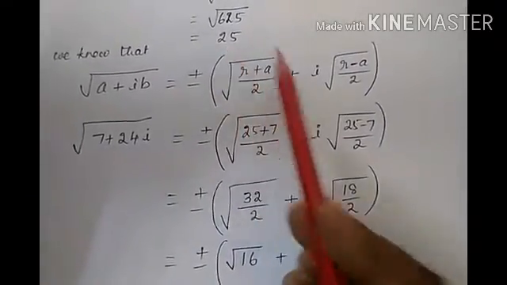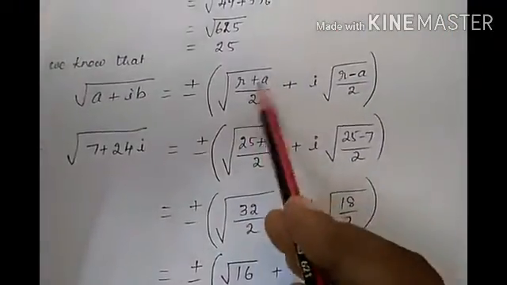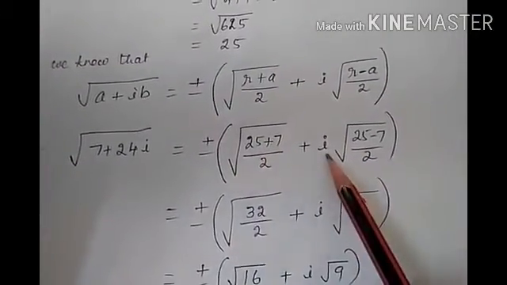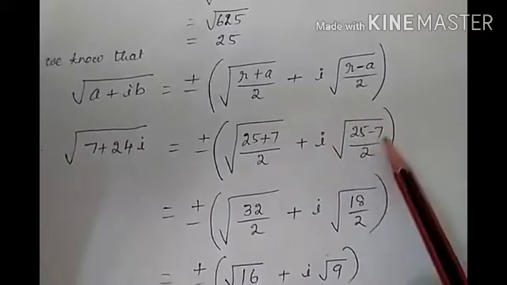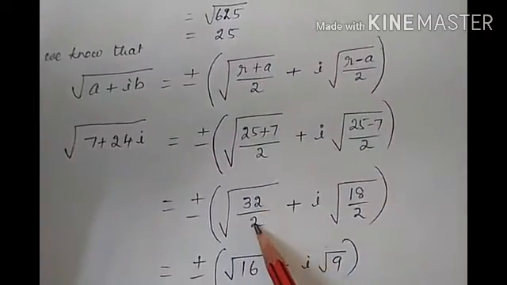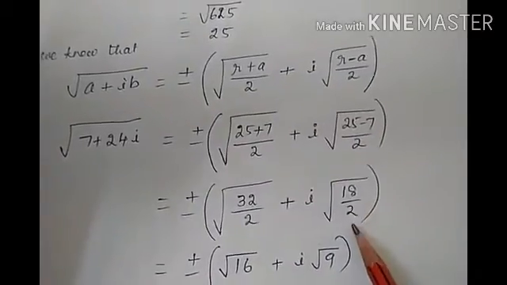The r value is 25 and a is 7. So, substituting r and a values here, you get square root of (25 plus 7) by 2 plus i into root of (25 minus 7) by 2. 25 plus 7 gives 32 by 2, and 25 minus 7 by 2 gives 18 by 2.